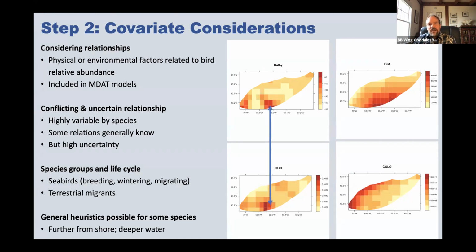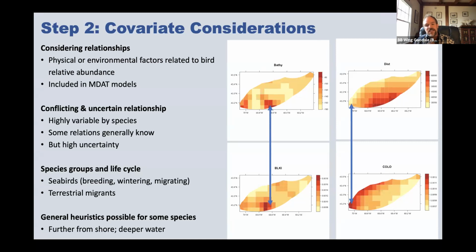And here's a couple of examples of what we can see here. I just connected an arrow between what we see as a bathymetry map and black-legged kittiwake. We see Platt's Bank as an area that's been identified that's shallower, that these birds are using more.